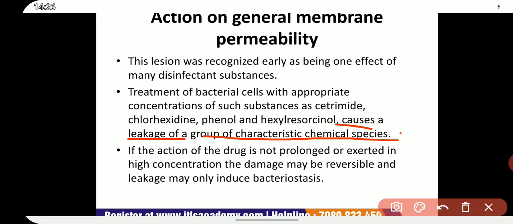The potassium ion, being a small entity, is the first substance to appear when the cytoplasmic membrane is damaged. Amino acids, purines, pyrimidines, and pentoses are examples of substances which will leak from treated cells.